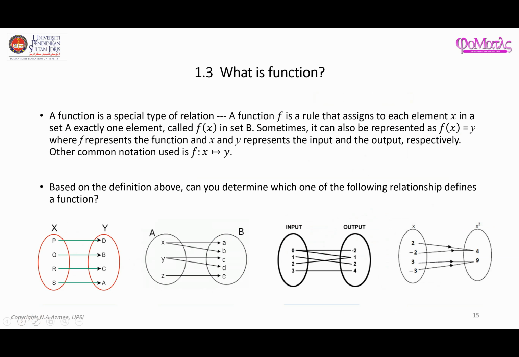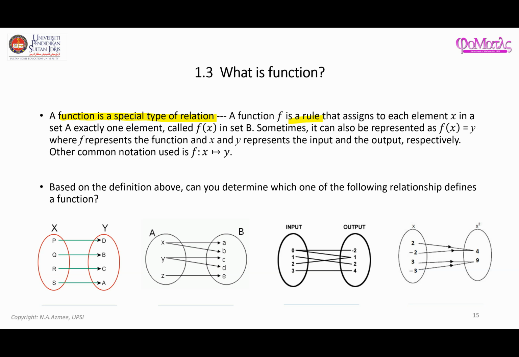Now, a function is a special type of relation. So what kind of relation are we talking about? Basically, when you have a function f here, f is a rule.